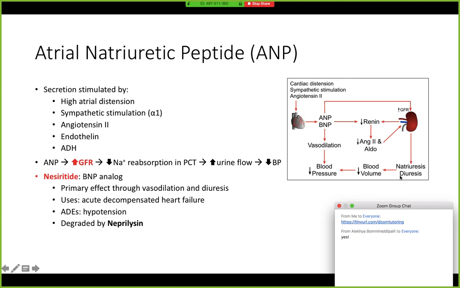If you're diuresing someone, you're going to decrease their blood volume, which results in a decrease in blood pressure. The drug to know is nesiritide, which is a BNP analog, and it works basically through vasodilation and also diuresis. You should know that nesiritide can be degraded by neprilysin.